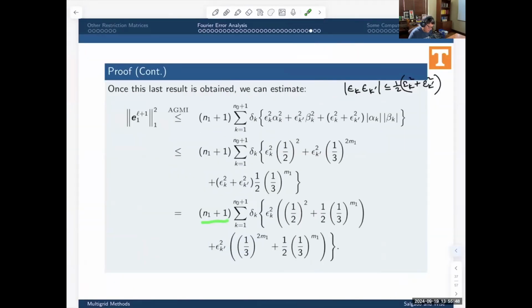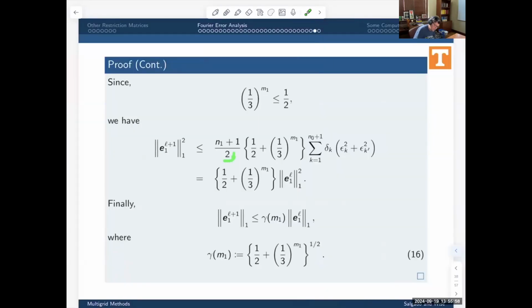There was no half out here, right? So what I'm getting is 1/2 squared, 1/2, a 1/2 squared, a 1/2. I'm pulling a half out. So that's where this extra 2 comes from. And then this is the common factor which I'm extracting. What's left here, we recognize in our estimate, is just the Euclidean norm of E1L, Euclidean norm squared.